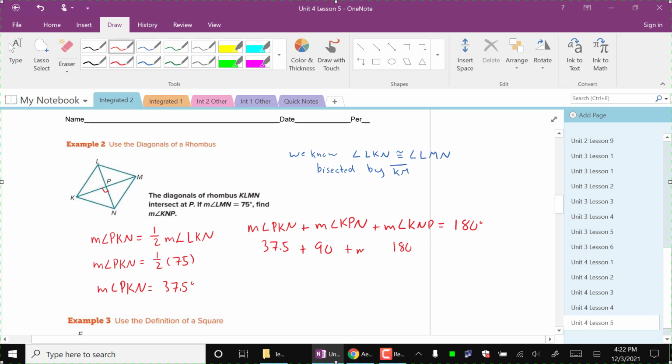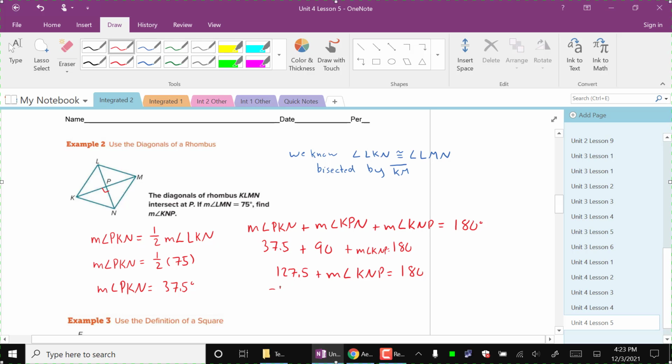I'm just going to leave it as the angle because that's what we want to find. So add these two together. That gives me 127.5 plus the measure of angle KNP equals 180 degrees.